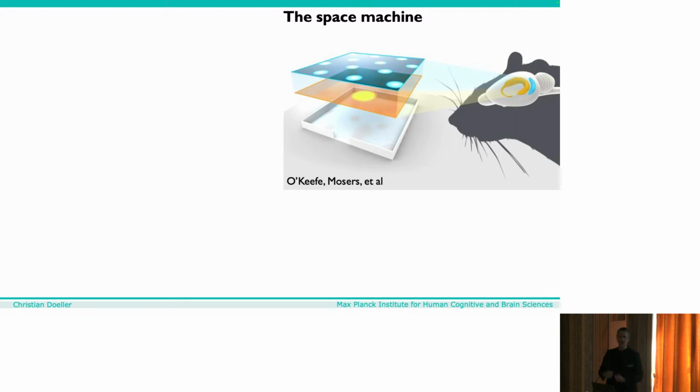When you record from single cells or single units, or now populations of cells with new techniques from the hippocampal system, you see a map-like representation emerge. So you see the famous place cells in the hippocampus. Those are cells which signal a location of the animal. If the animal would forage this room here, one place cell would fire over here, another place cell would fire over here.